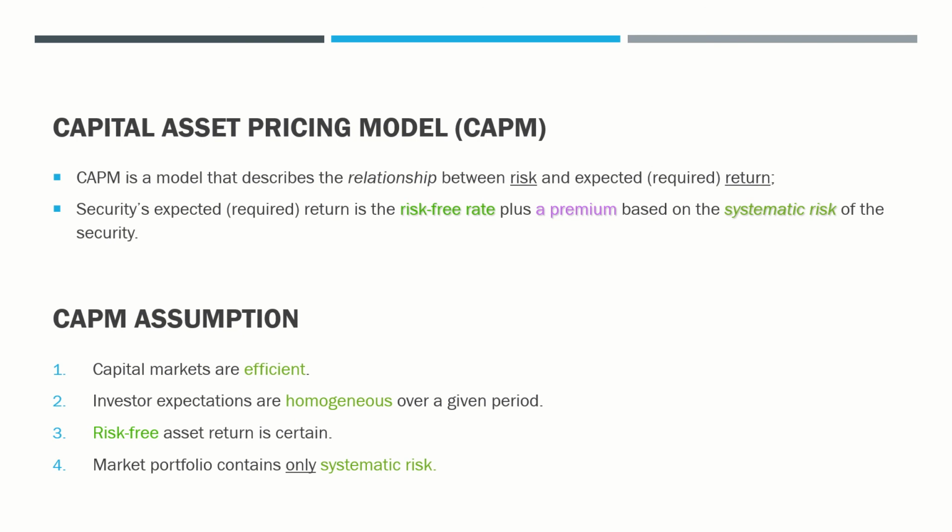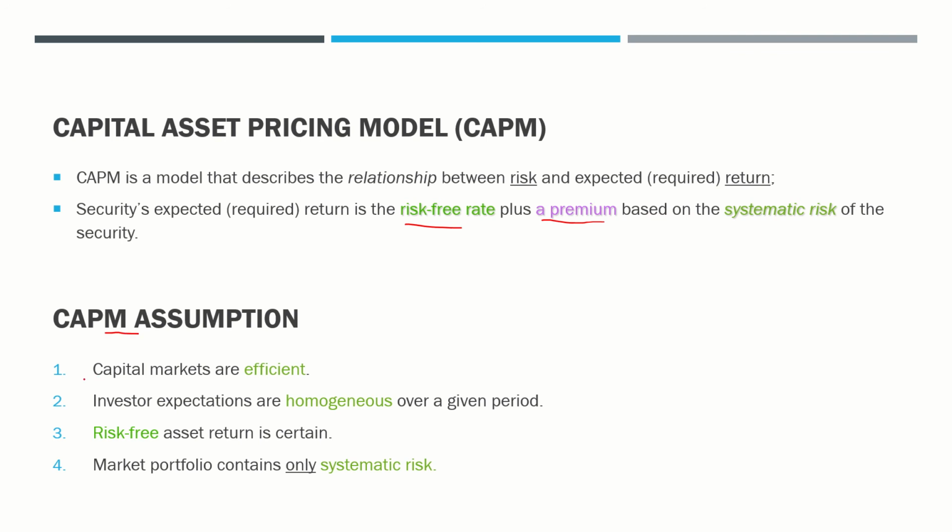Securities expected return is the risk-free rate plus a premium based on systematic risk of the security. Okay, a risk premium. Satu risk-free rate campur dengan risk premium of the systematic risk. Tapi CAPM ni dia ada assumption.